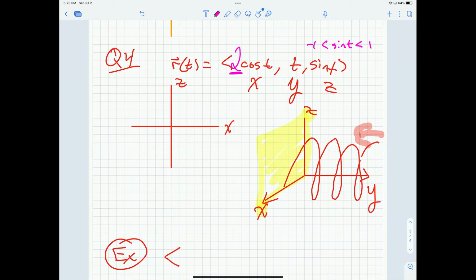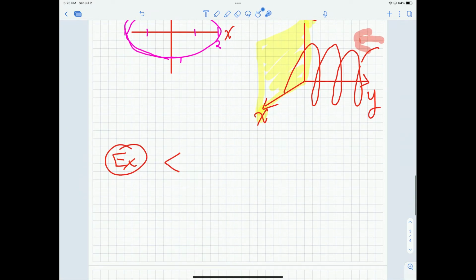So if I go out to 2, and this still only goes up to 1, then you're going to get this kind of shape, an ellipse. It still goes around that way. The point is you can adjust the size of this circle by changing the coefficient out front.